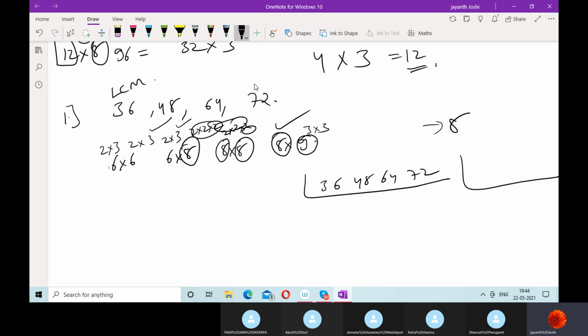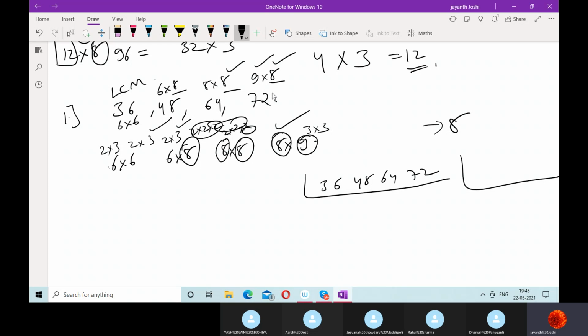In my opinion, 9 into 8 is 72. And this 9 is there and 8 is there. Here also 8 into 8 is 64. 8 is already present here. 6 into 8, 8 is already present here. Only this is not having 8. This is 6 into 6.